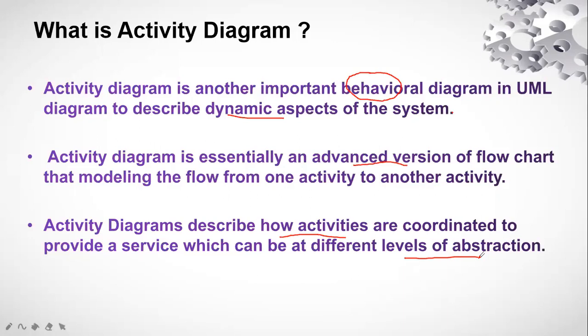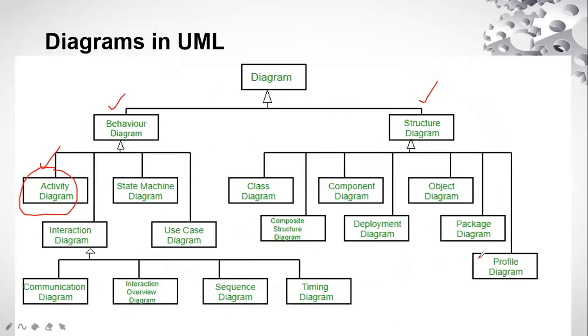So with the examples, we are going to understand how the activity diagram describes the concept of flow of activities from one activity to another activity, and how they are coordinated in a service, right? I have told you that activity diagram is falling under the category of behavioral diagram.